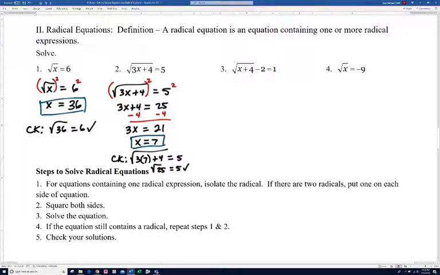Let me erase this here. So if you had, for example, x plus 3 equals, let's say, the square root of 5, and for whatever reason we squared both sides. On the left side, you square the whole side, so this would be squared, and of course we would square the other side.